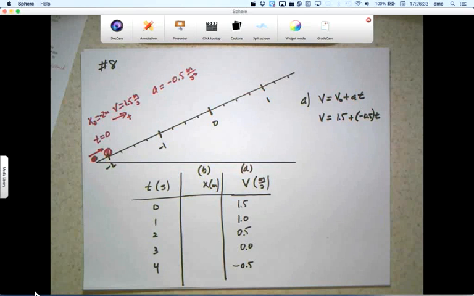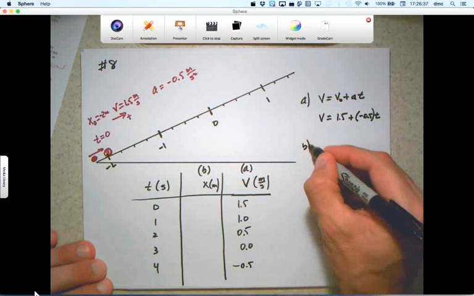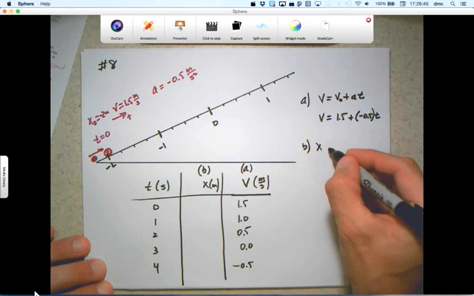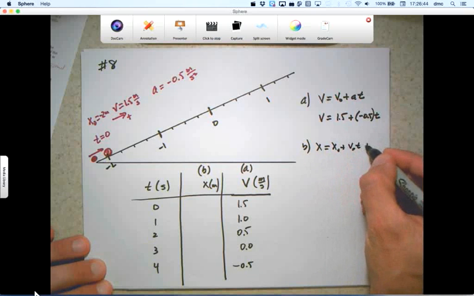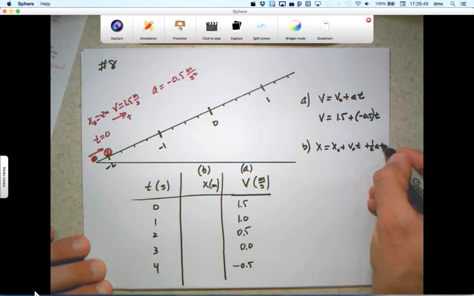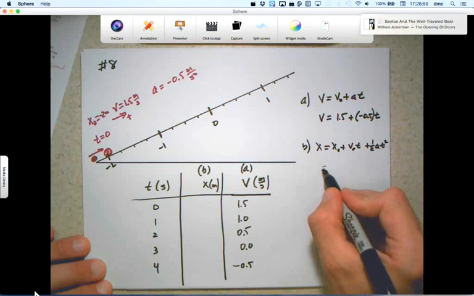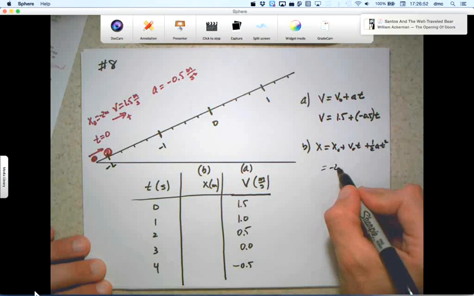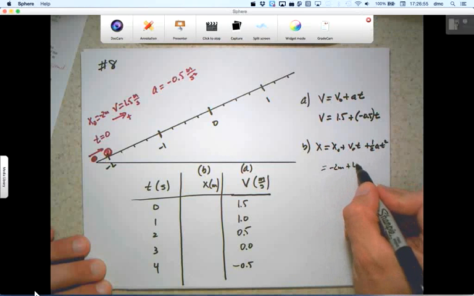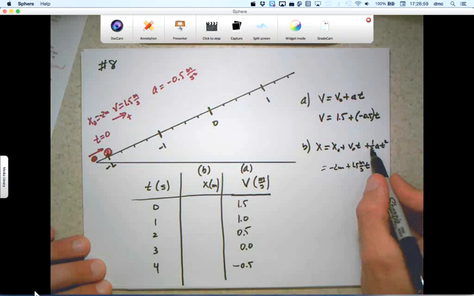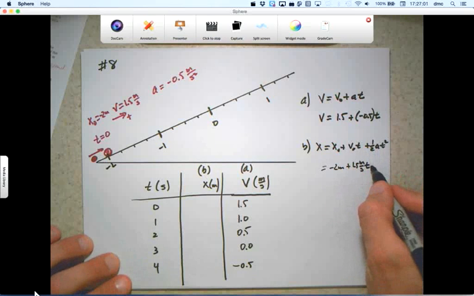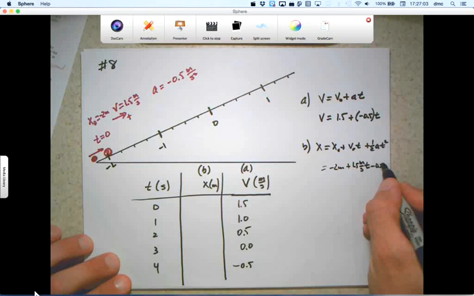Part B says find the ball's positions at these times. So for B, I would use final position equals initial position plus initial velocity times time plus 1/2 the acceleration times time squared. So that would be the initial position, -2 meters, plus 1.5 meters per second times t, and half of -0.5 would be -0.25 t squared.